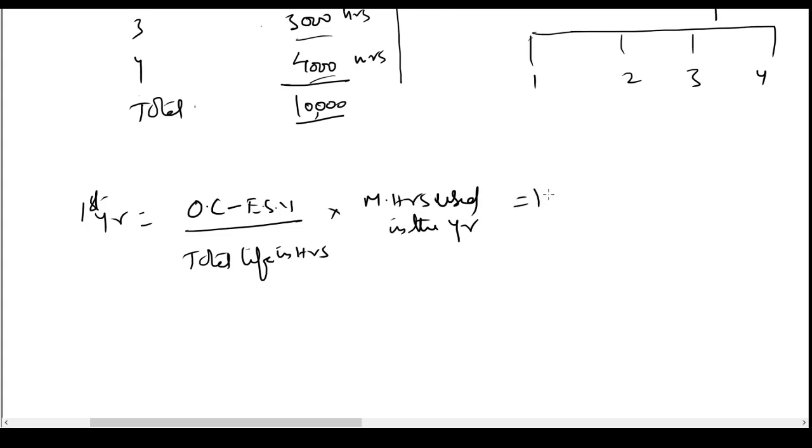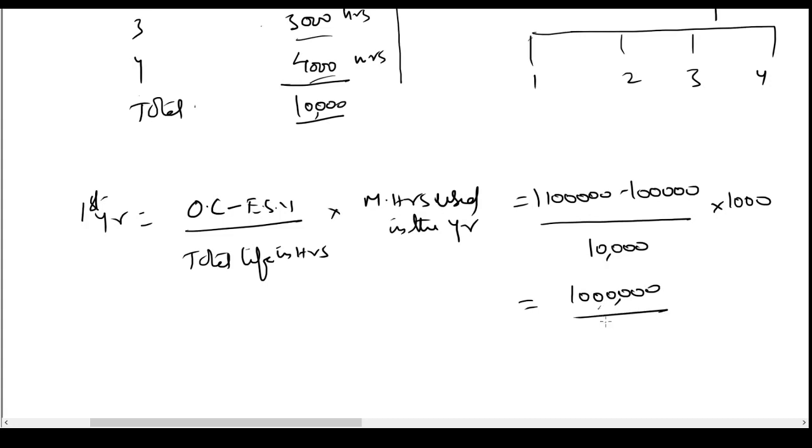So this will be 11 lakhs minus 1 lakh. You will get the depreciable value divided by total life in hours, which is 10,000 hours. What is the estimate of usage in the first year? Only 1000 hours. So this will be 10 lakhs divided by 10,000 into 1000. So I'll cancel out these 3 zeros and 1 zero. So the depreciation for the first year would be only 1 lakh.